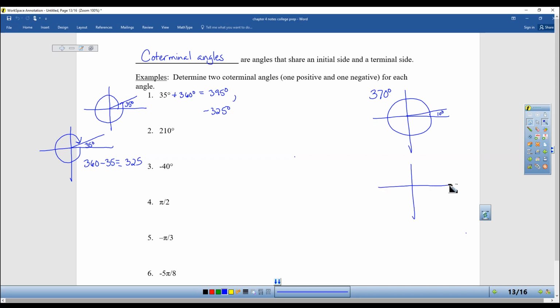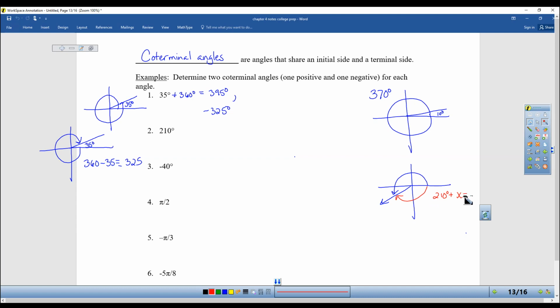210 is right about, this is 180, so somewhere in here. Okay, 210. What other angle would look just like 210 if you went there from the negative direction? So the difference between the two, the 210 plus whatever that negative angle is, right?